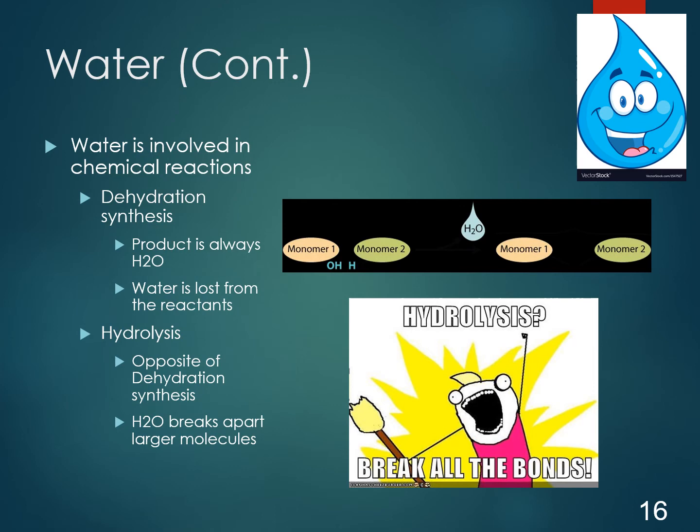An example of this is when two monosaccharides join together to form a disaccharide. So a monosaccharide is a single unit of sugar, and a disaccharide is two units of sugar.